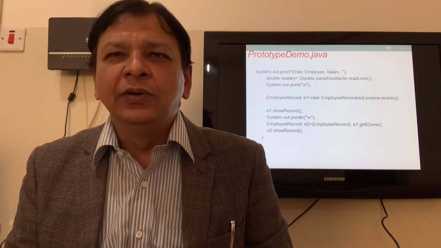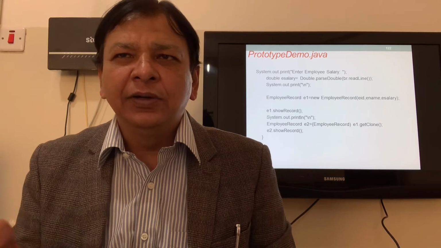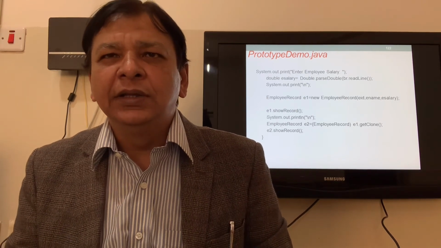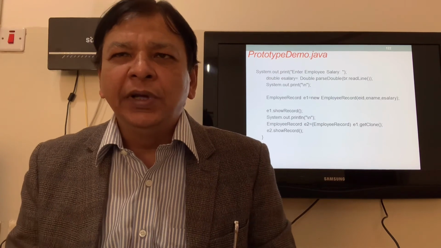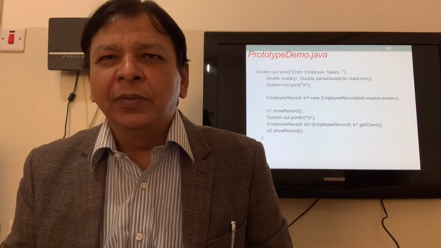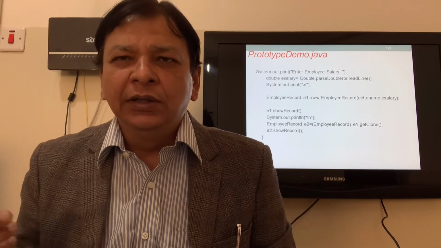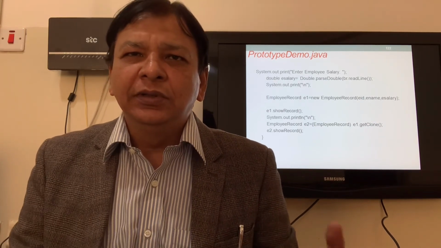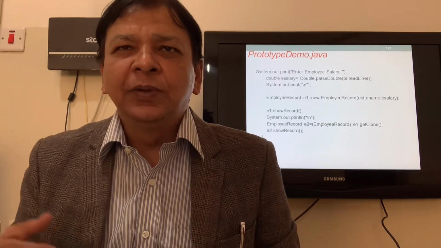E1 dot get clone to copy, call the get clone method of the E1 in the E2. So E2 dot show record. So it copies exactly the previous statement employee record. Whatever the data in the E1 is copied into E2, the prototype method, and then we are showing. So we close the prototype main method, and then we close the class.